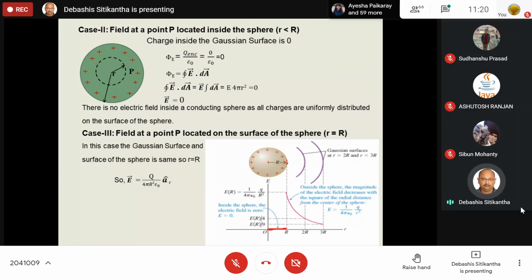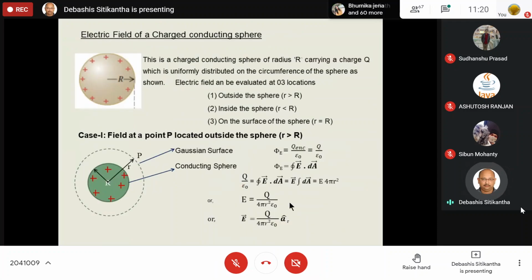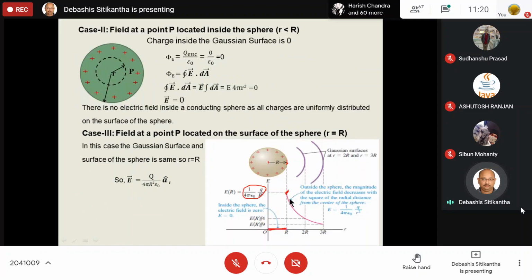Now, at the point R, you are going to have your equation as Q by 4 pi epsilon 0 R square. So this is the equation at this point R on the surface of the sphere. As you move away from the surface of the sphere, it is inversely proportional to r square, therefore the graph is going to be parabolic like this.